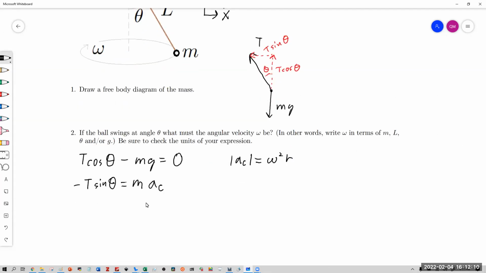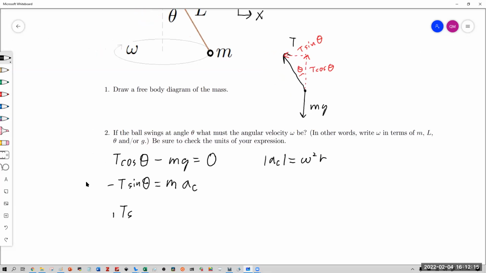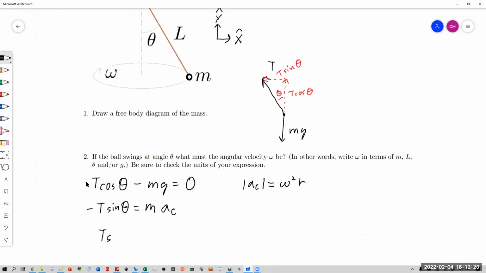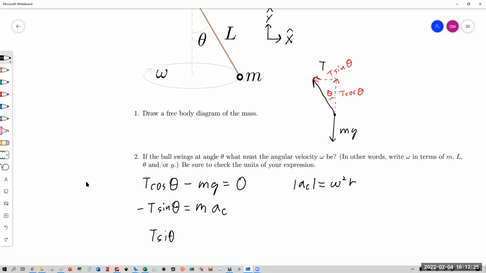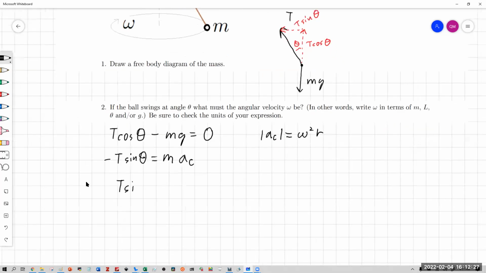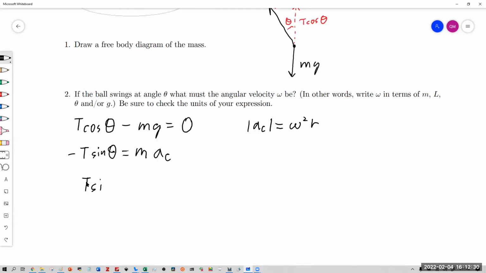Because I only know the magnitude of the acceleration, I'm going to drop this negative sign here, and I'm just going to have T sine theta is equal to m omega squared r. Okay, it's working out so far.